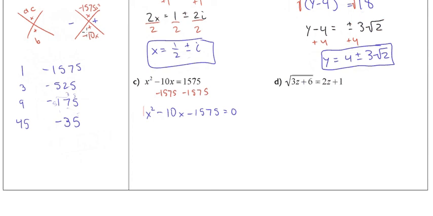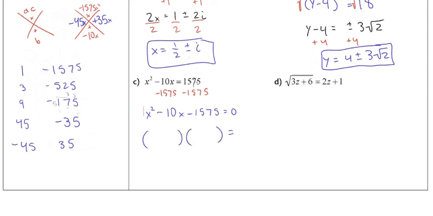Now this adds to positive 10, but hopefully we can catch that and pause and go, hey, wait a second, if I had negative 45 and positive 35, those would be the numbers I'm looking for. So negative 45, positive 35, and those go with each x. We found our factors.